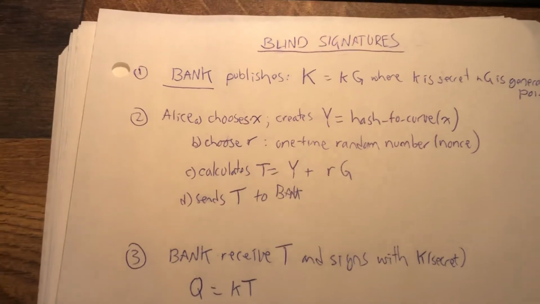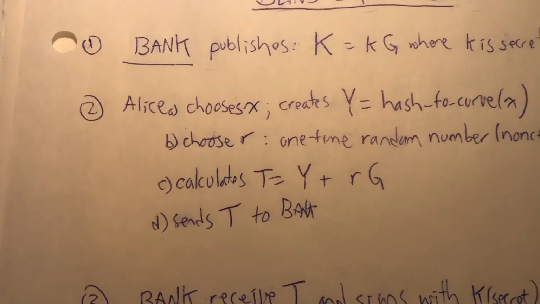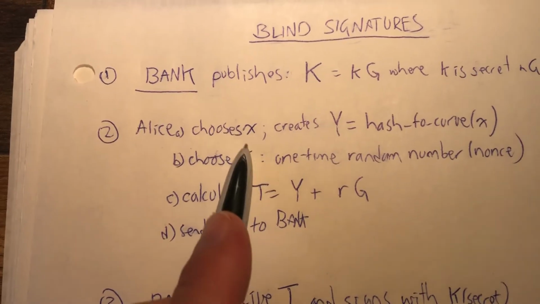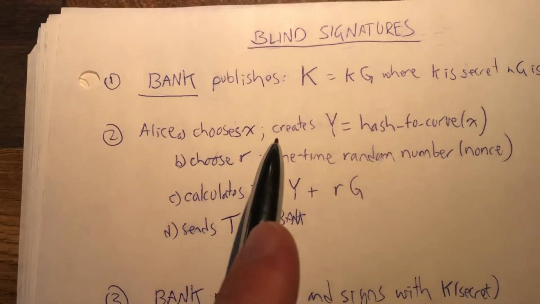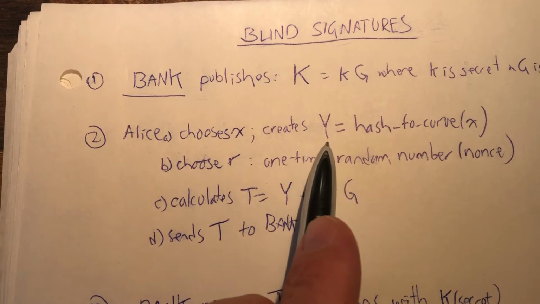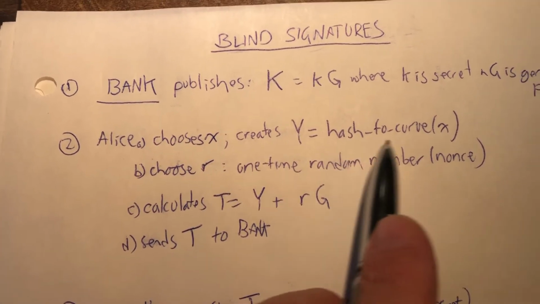So the first thing that happens is that Alice chooses x, which is a secret, and she creates a point Y by a function called hash to curve of x.